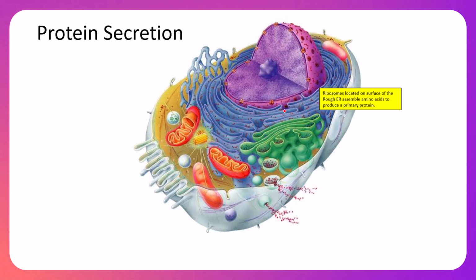And before we move into that, it's important to note just how much rough ER a cell that is in charge of protein secretion will have. Why do you assume that a cell in charge of protein secretion would have so much rough ER? Well, we established on the last slide the function of the rough ER is to help produce proteins.